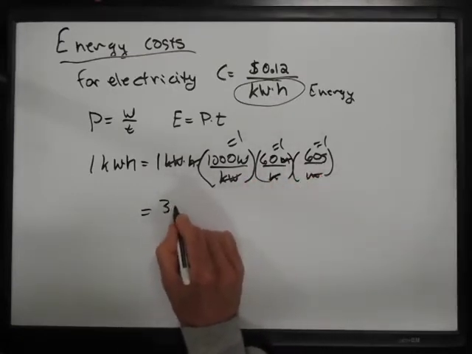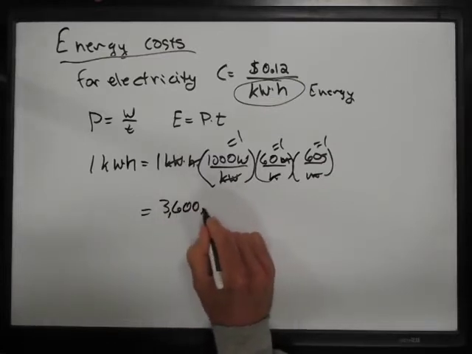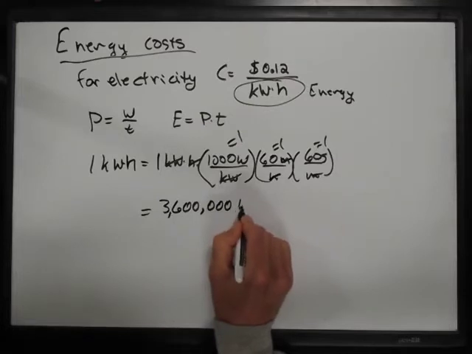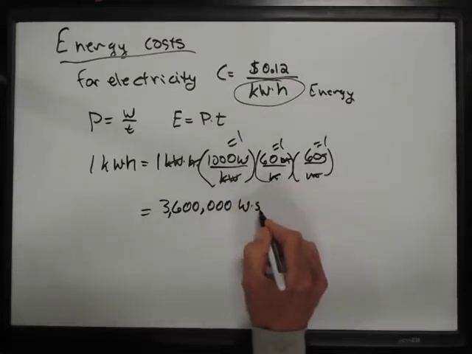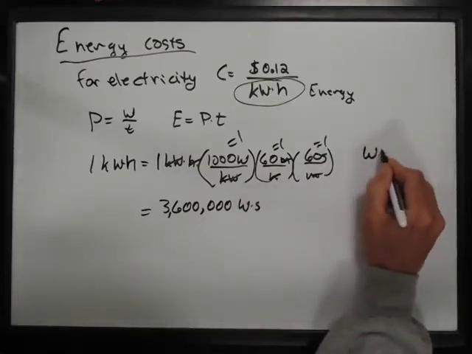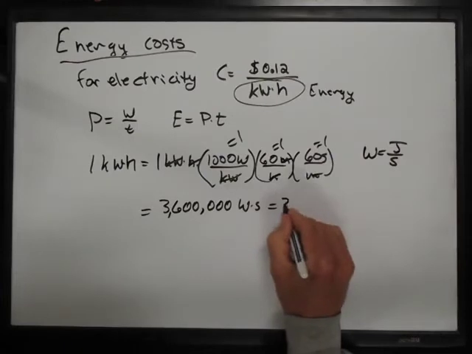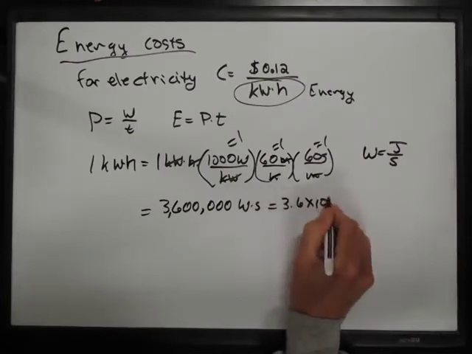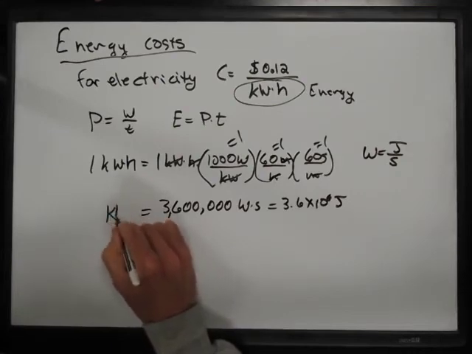So this is 3,600 times 1,000, which is 3.6 million watts times seconds, because that's what I'm left with. But a watt times a second is just a joule, because a watt is a joule per second. We already saw that. And so this is 3.6 times 10 to the 6th joules, right? That's what a kilowatt hour is.